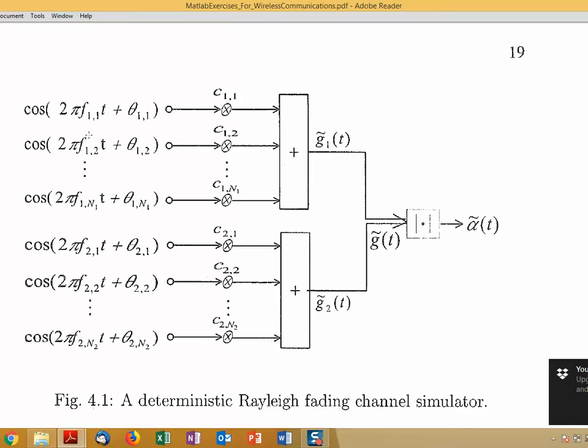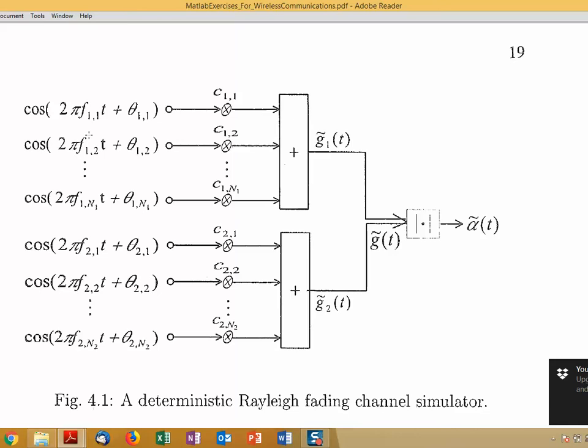The amplitude is a summation of two parts.